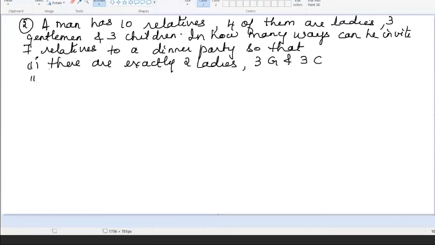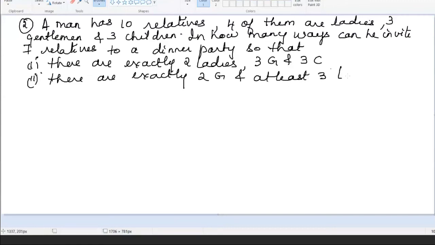Second question, there are exactly 2 gentlemen and at least 3 ladies.